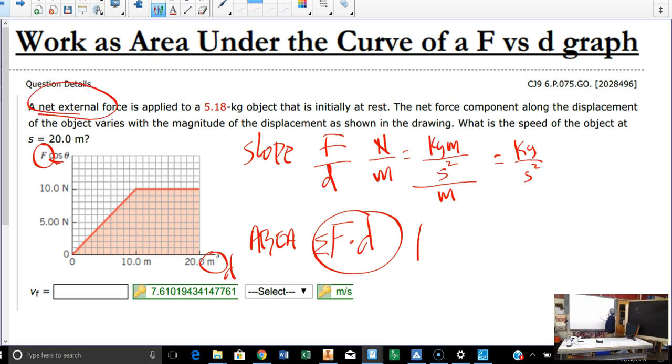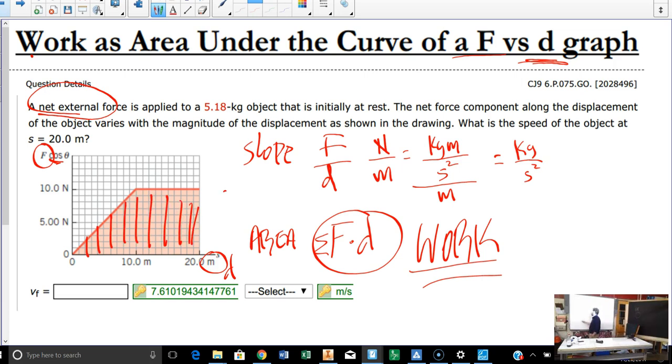You recognize right away, oh, wait, that means the area under the curve is work, is the net work done in this case, because they give us the net force. So, by the way, really that's the crux of this entire video: when you have a force versus displacement graph, the area under that curve is the net work done, or the work done by that force.